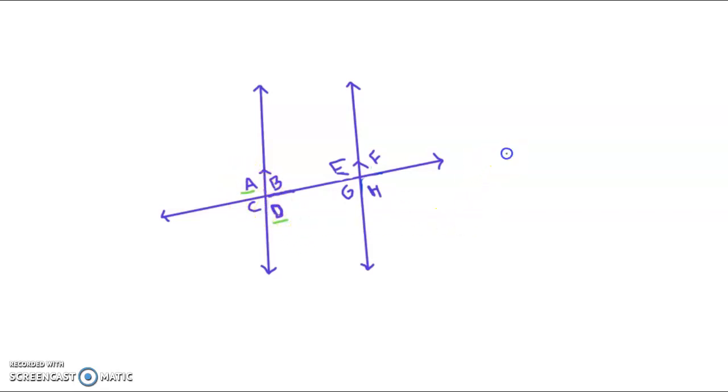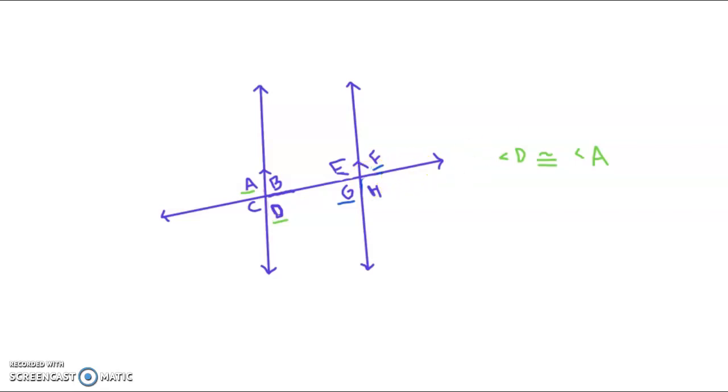We can then write angle D is congruent to angle A. Now, if we had angle F, its congruent angle would be angle G because they are vertical.